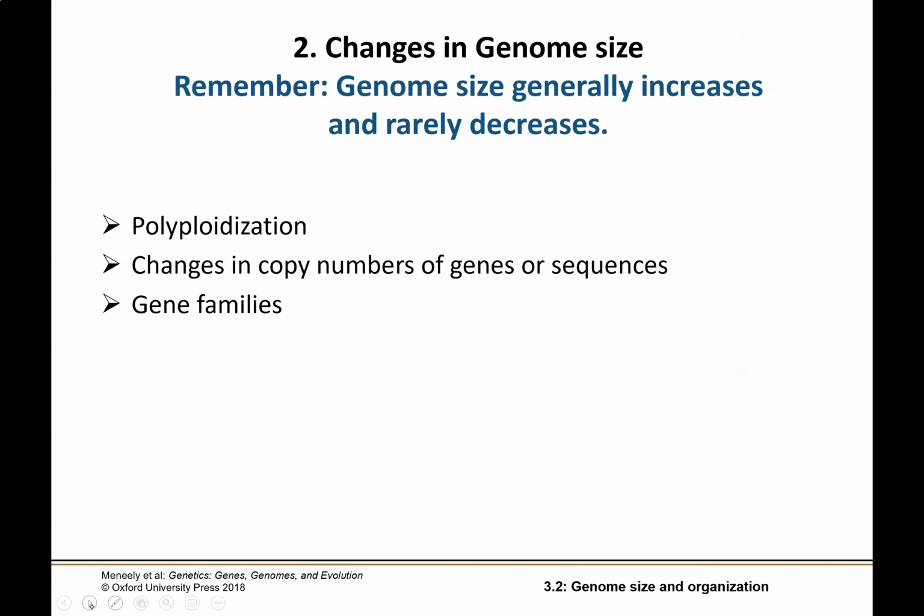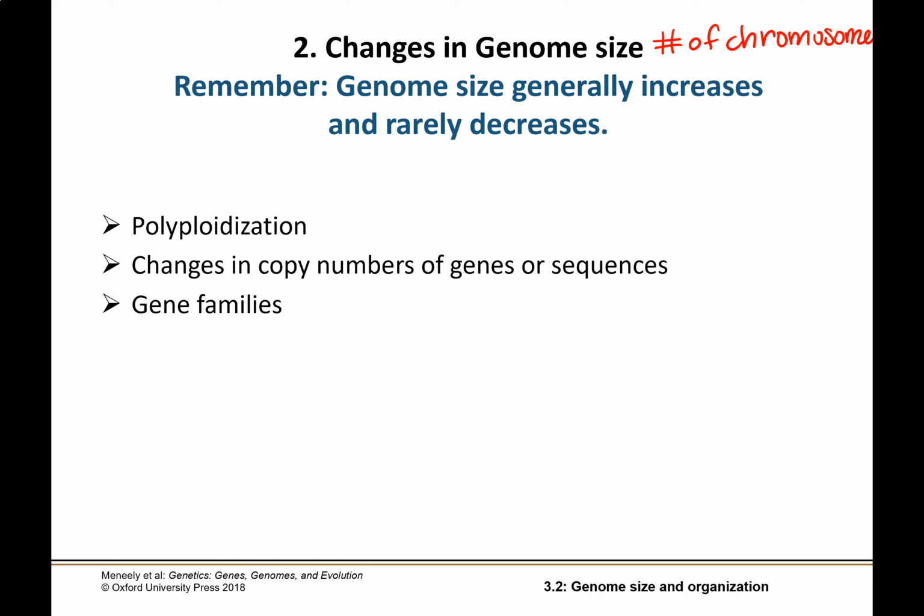All right, so we can have changes at the DNA sequence level, but we can also have changes in genome size or the number of chromosomes. Mutations are generally changes in the sequence, but we can also have other structural changes. You can have changes in the number of chromosomes.